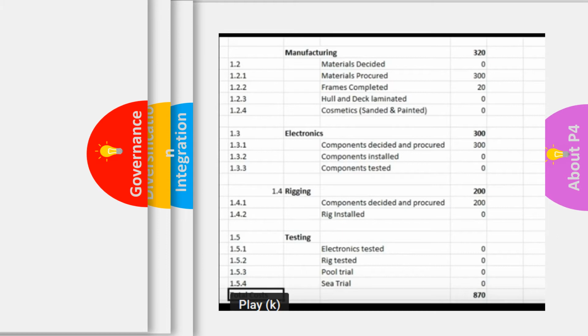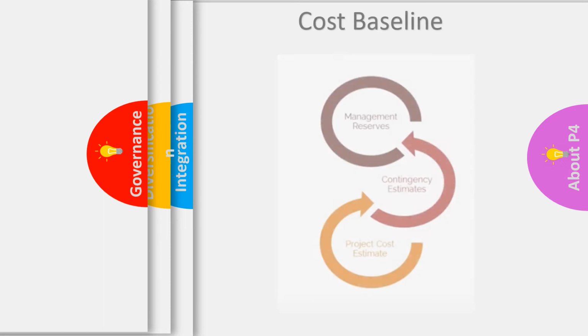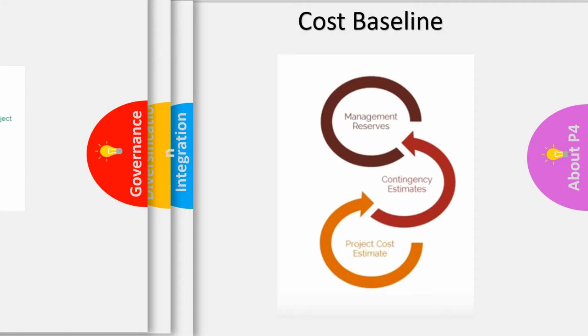But bear in mind this, there will be some variances in this budget. It's not going to be 100% accurate. There will be either a plus or minus percentage on these, and you'll have to allow for that. So when we're looking at the cost baseline, normally you take the project cost estimate, and then you take any contingency estimates, and then the management reserves.